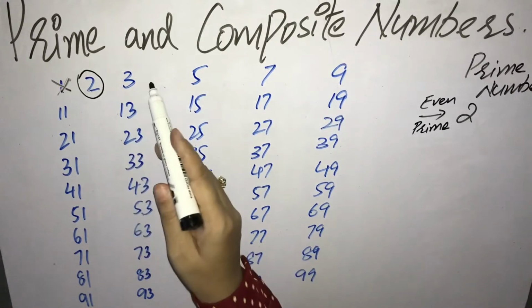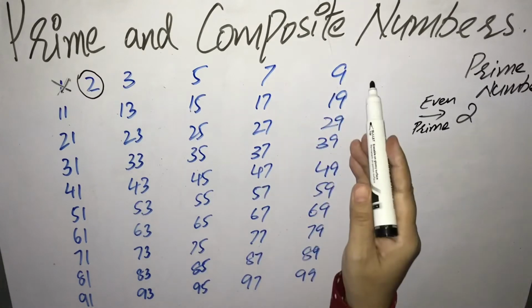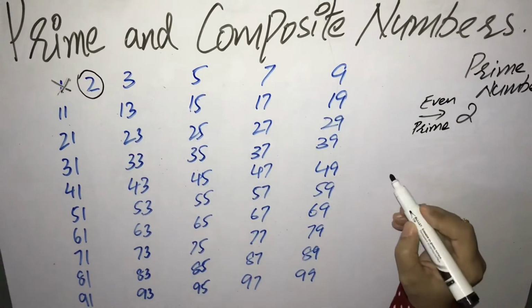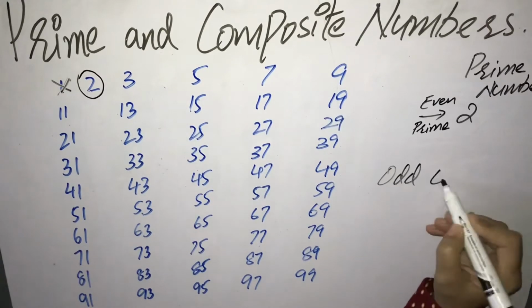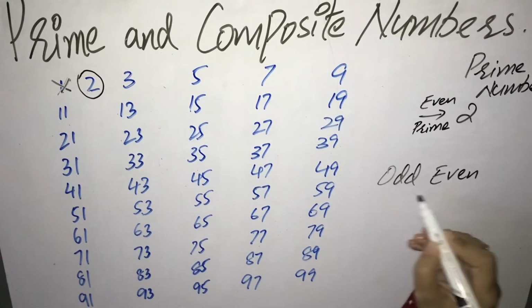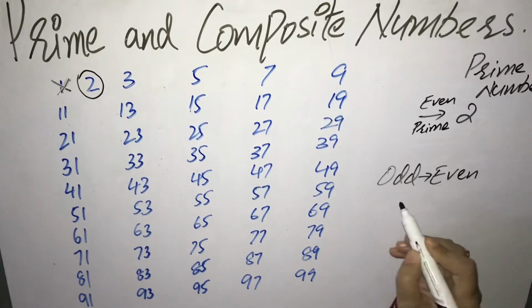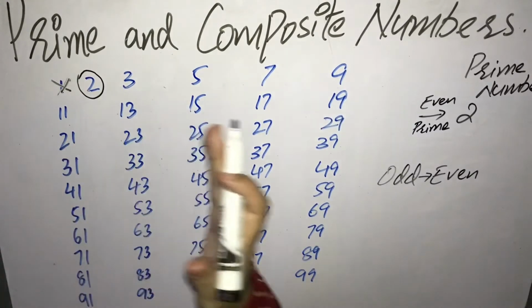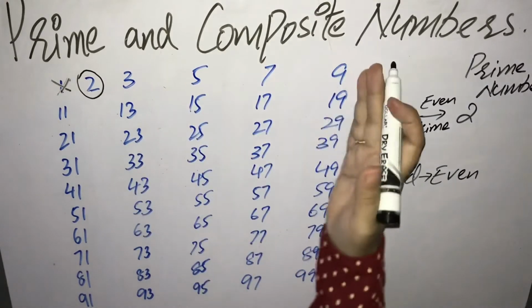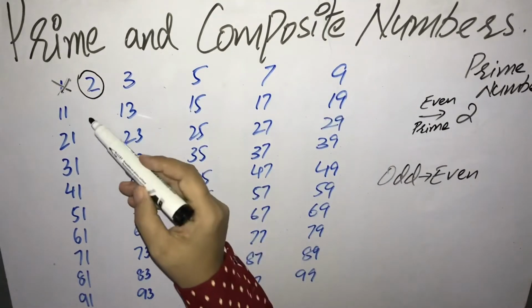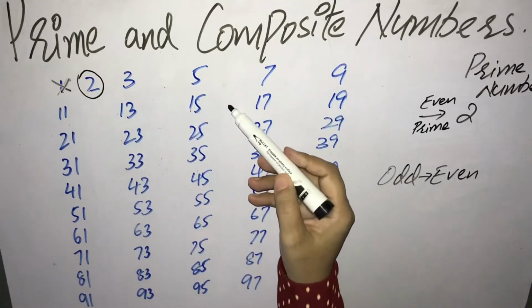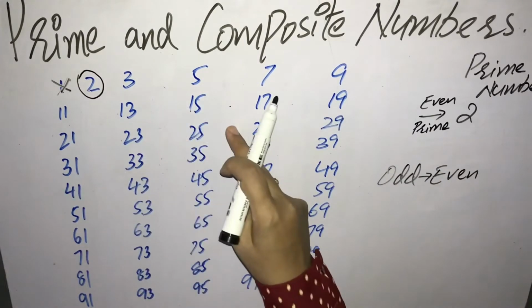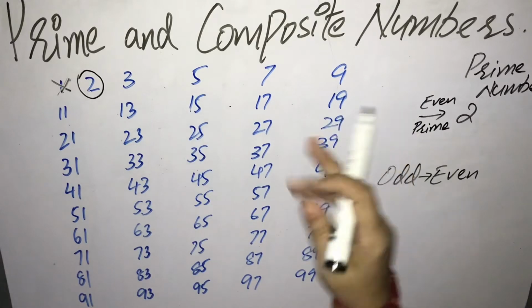As we have observed, all even numbers are composite because they at least have a divisor. So after 2, 4, 6, 8, 10, I have erased all even numbers. As you know about odd and even numbers, every odd number comes after an even number, and after every odd number there is an even number which I have erased. So 12, 14, 16, 18, 20, 22, 24, 26, 28, 30 and so on.